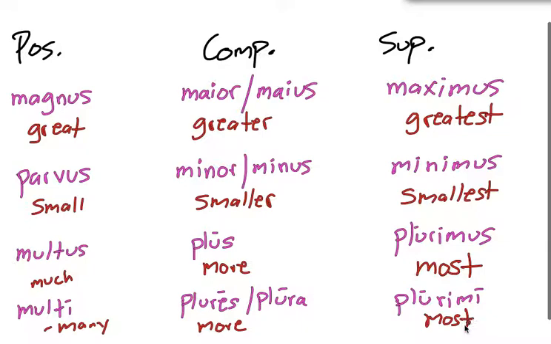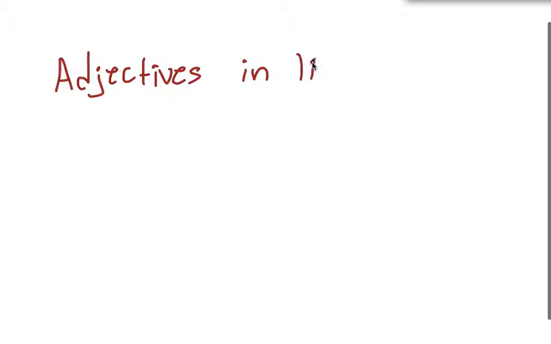Okay, so those are the irregular, all the irregular, well, there are more of them, but there are some that are kind of obscure. Those are the common irregular ones. But I also want to talk about adjectives that end in -lis.